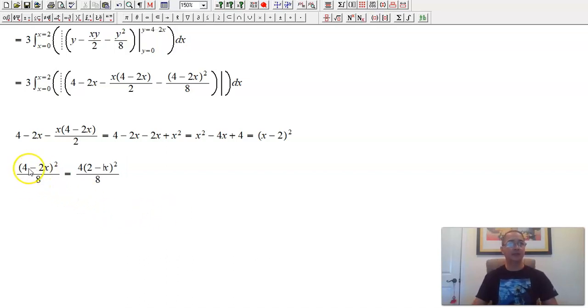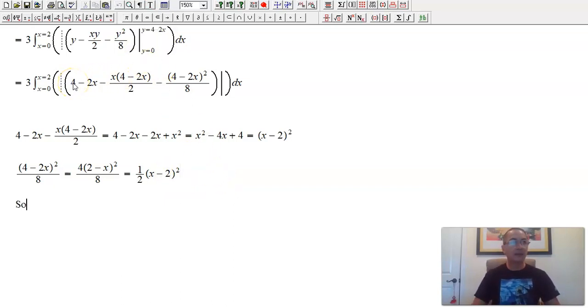Take out 2, so you're left with 2 minus x. 2 squared is 4, so that goes out. But 2 minus x squared and x minus 2 squared are exactly the same, aren't they? So this is actually 1/2, 4 over 8, 1/2 x minus 2 squared. The plot thickens. So what does that mean?